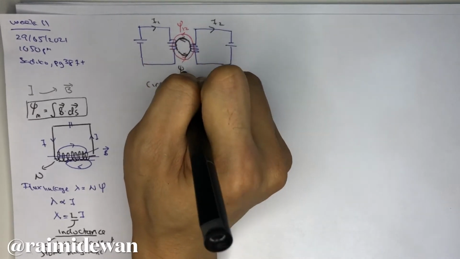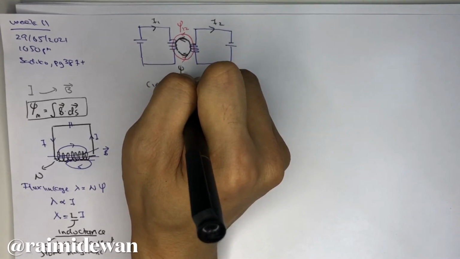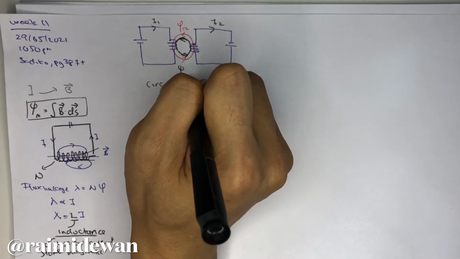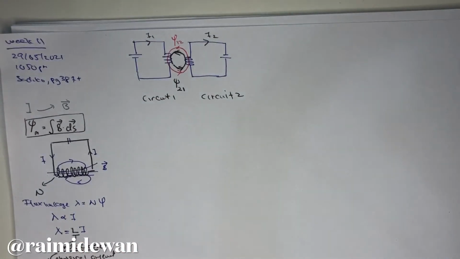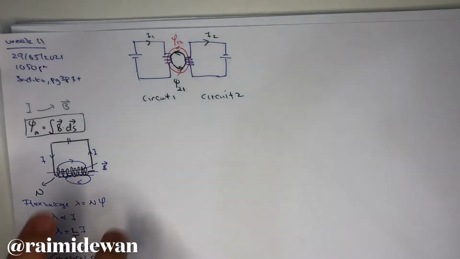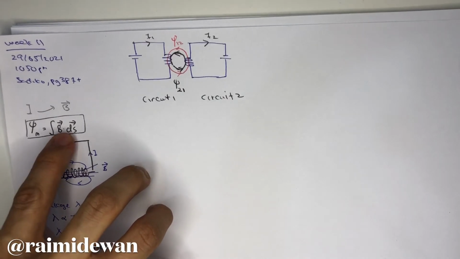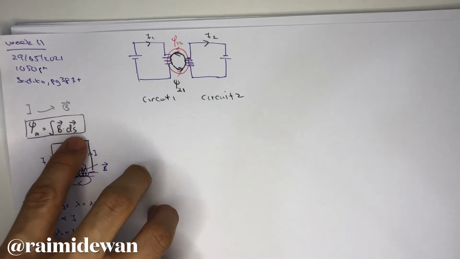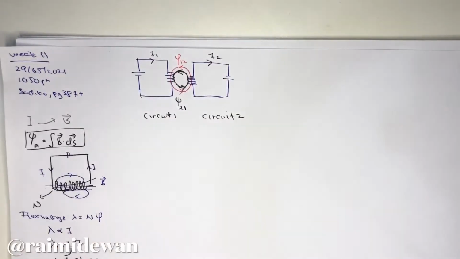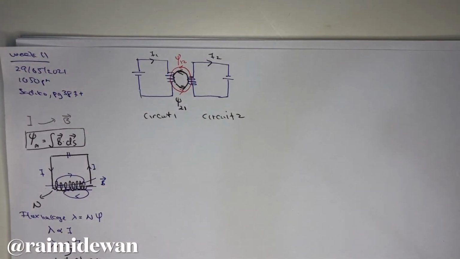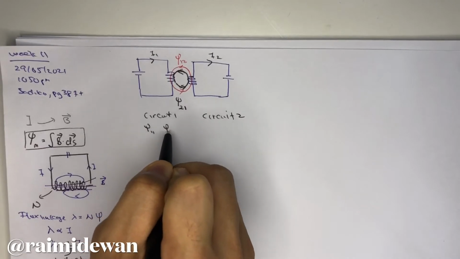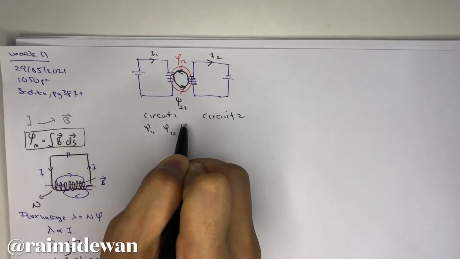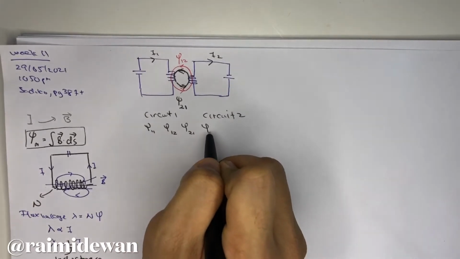You know that your flux is actually the integral of vector B dot dS, right? In this circuit you will have 4 components of fluxes: 1,1, 1,2, 2,1, and 2,2.